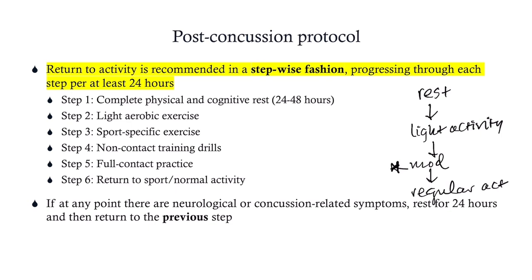So kind of going back to step 1 for 24 hours. Then they go to wherever they were minus 1 step. So this patient was doing moderate activity, and so we'll tell her to rest and then return to light activity. Now, if she were going back to her regular activity, or he were going back to his regular activity, we would tell him then to go to moderate activity.